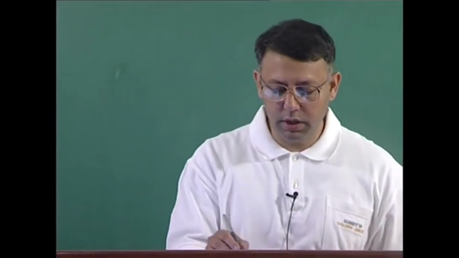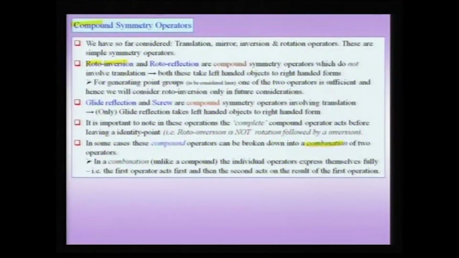In other words, it is a compound of two symmetry operators like a rotation and an inversion, and we have to notice here very carefully that this is not a rotation plus an inversion, but a roto-inversion, and I will try to distinguish the difference between a rotation plus an inversion and a roto-inversion, or equivalently a rotation plus a reflection as differentiated from a roto-reflection compound symmetry operator. So, what are the simple symmetry operators we have talked about so far?